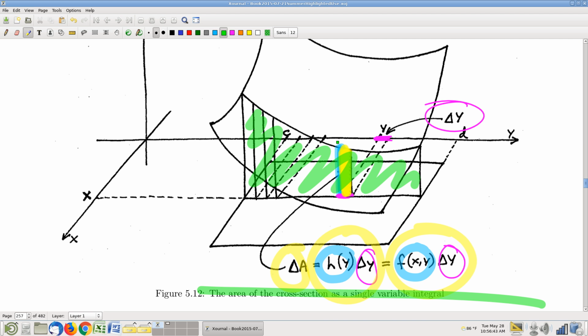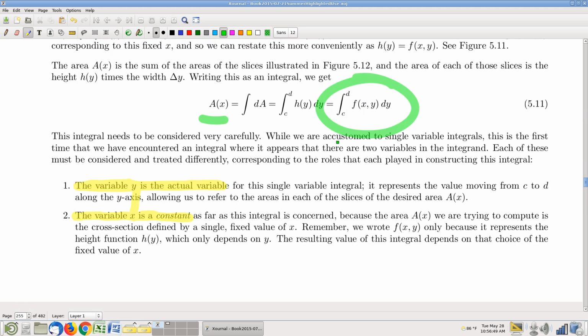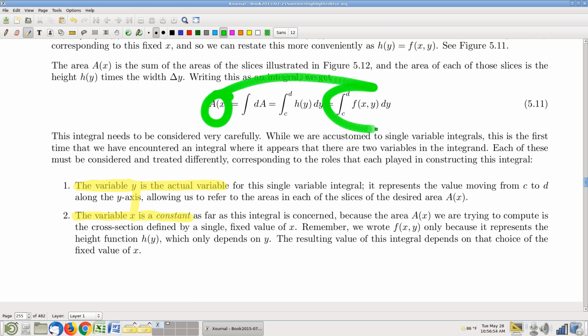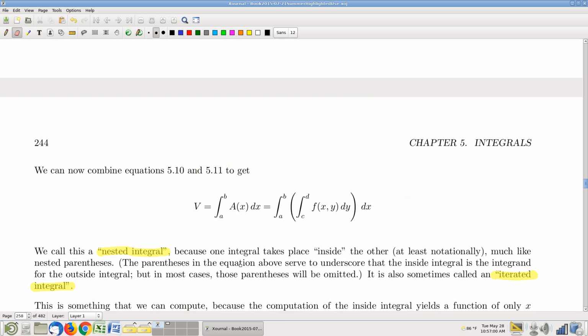Everybody okay? So let's combine everything together now. We're looking at an integral of A(x). A(x) itself is an integral, which is weird. All combined together, we get this. Volume is an integral of A(x). A(x) itself is an integral of f(x, y) dy.